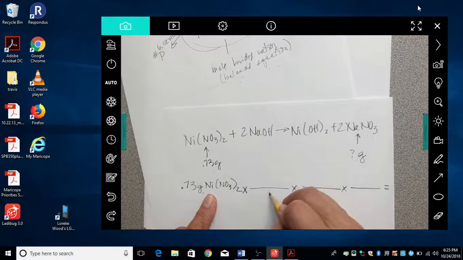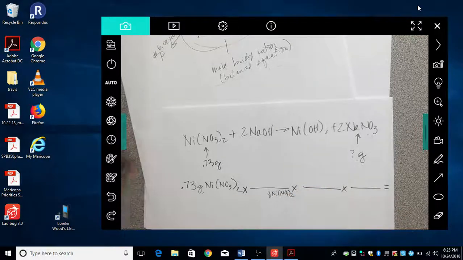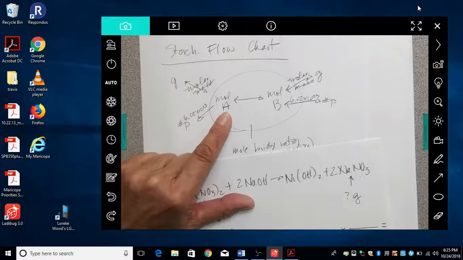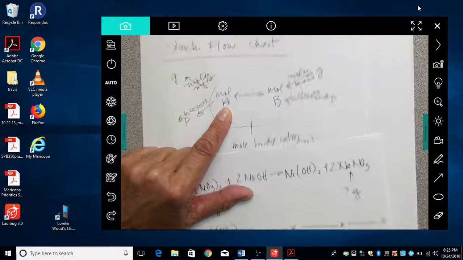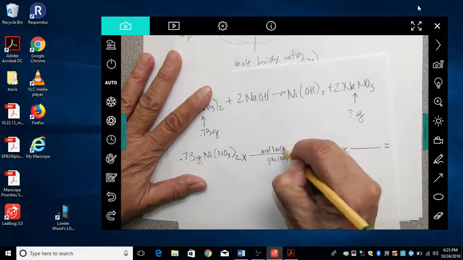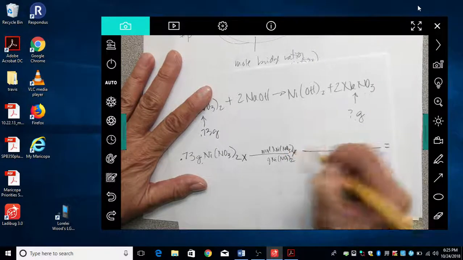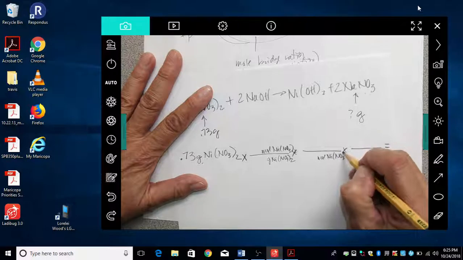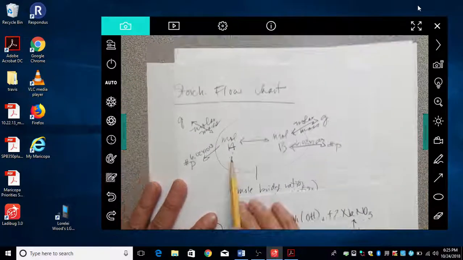Once again, grams of nickel nitrate on the bottom. So if they cancel, using my stoichiometry flow chart, I'm starting at grams here. I want to go to moles of the same thing. So on the top of my first conversion factor, I'm going to put moles of nickel nitrate. I'll take my moles of nickel nitrate, I'm going to put on the bottom so it cancels. Now I'm here in my stoichiometry flow chart.